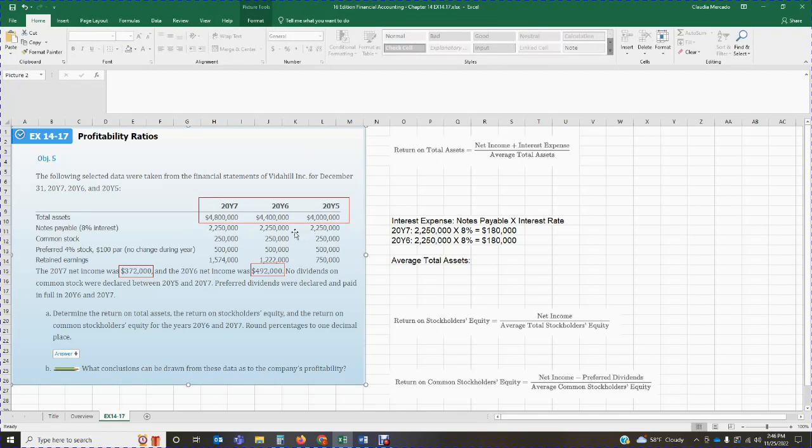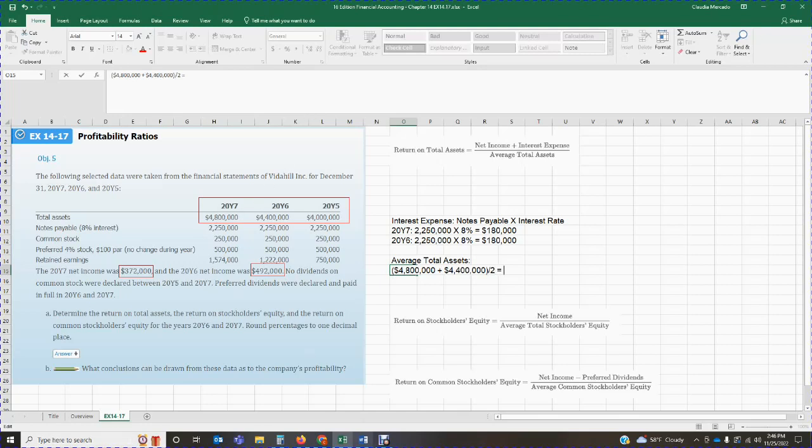How do we calculate the average total assets? We're going to get the total assets from 20Y7, which is 4,800,000, and add the total assets from last year, which is 4,400,000. We're going to add those two together and then divide by 2.